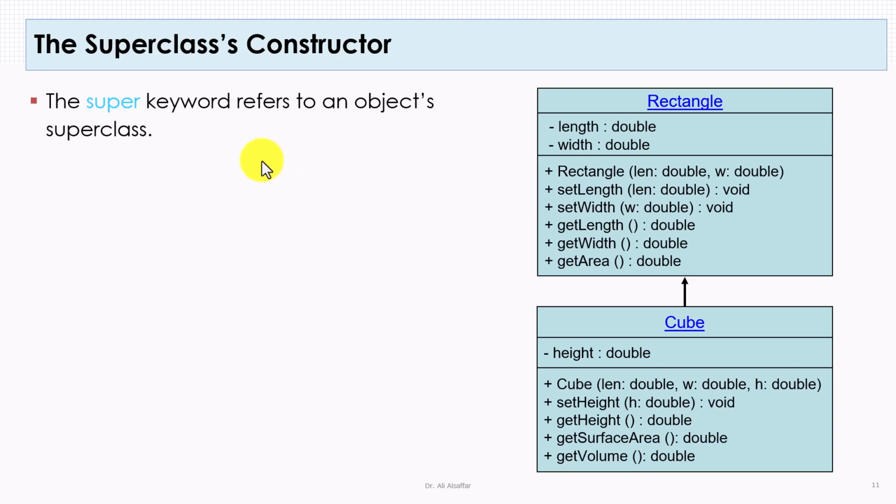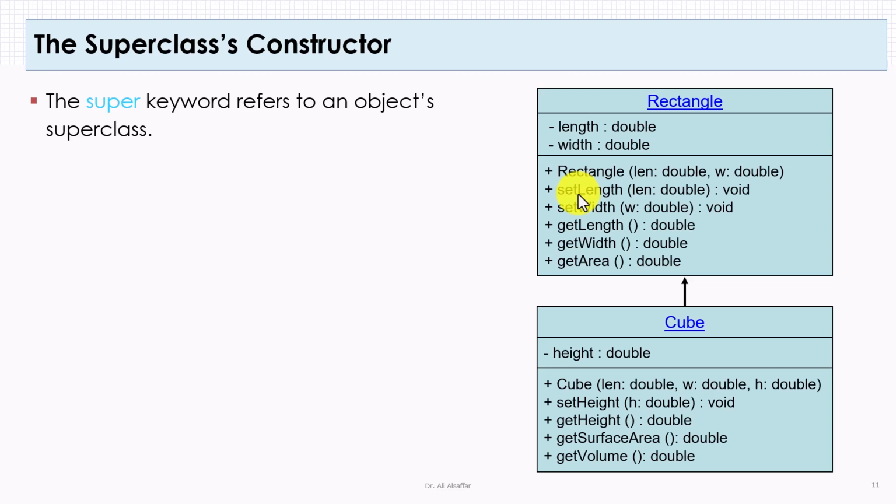So the question is how to call the superclass's constructor explicitly in a subclass. This is what we want to learn now. As we said before, we use the keyword super in a subclass constructor. Now let us have an example. Suppose we have a superclass called rectangle, that represents a rectangle that has the length and width private data members as double, and it has a constructor that initializes the length and width.